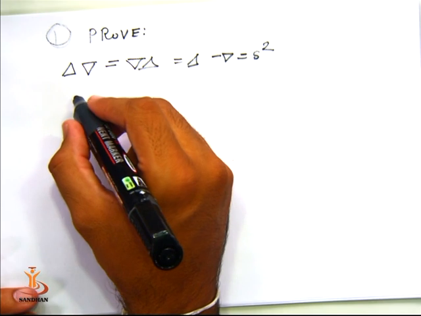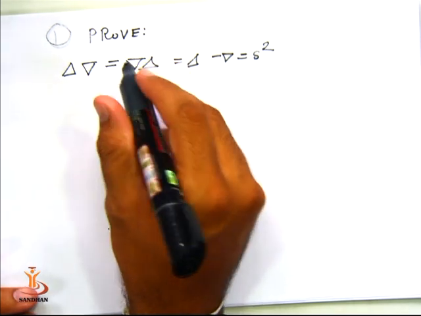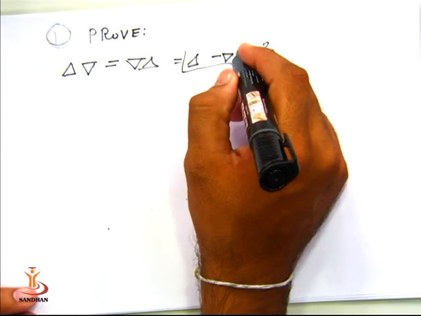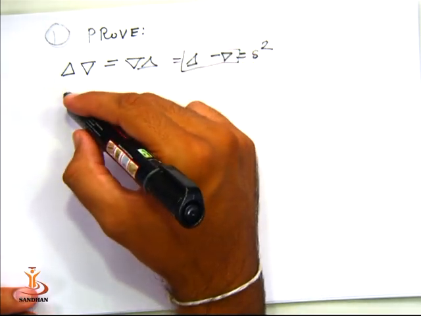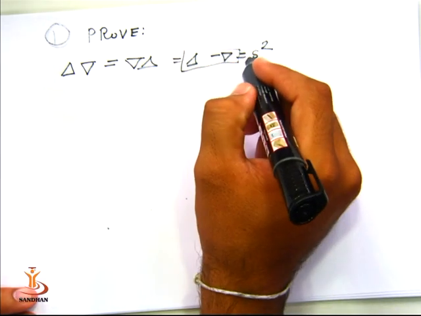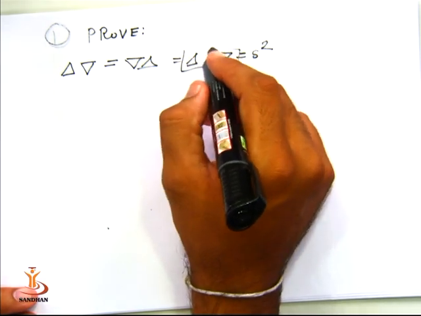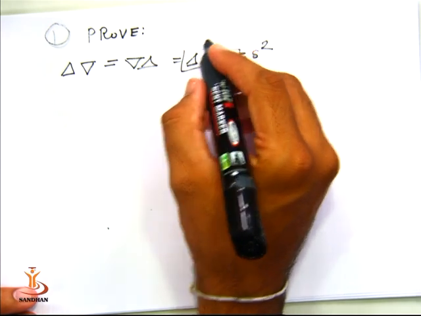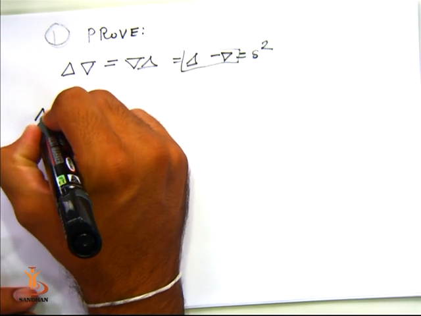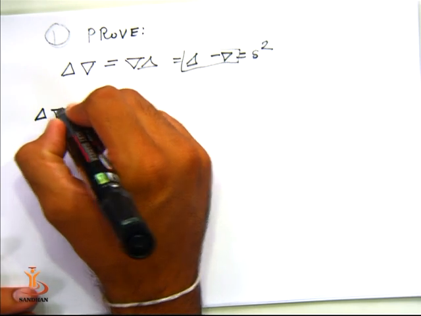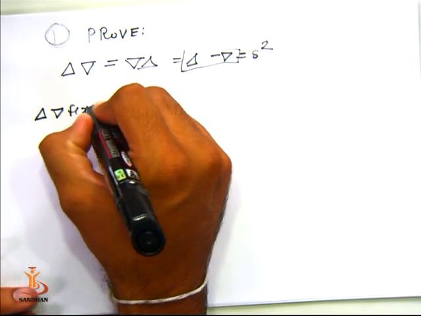So let us try to prove all these results keeping the delta minus nabla format in mind. All these results will be compared with delta minus nabla. Let us try with the very first part, that is delta of nabla of f(x).